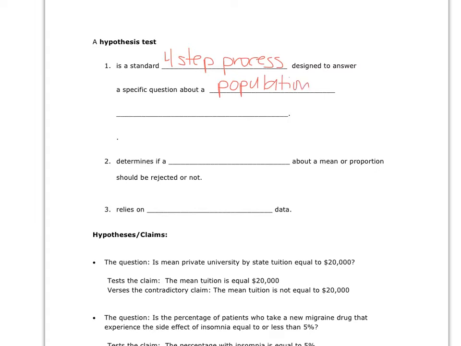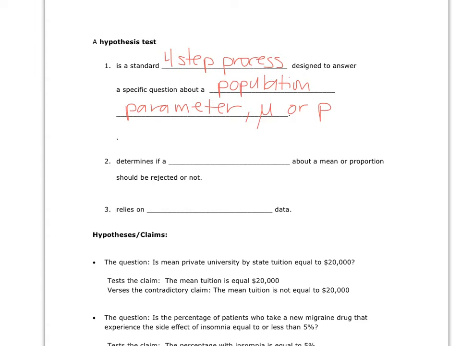The two that we are focusing on are population mean, mu, and population proportion, p. So it's a 4-step process, and it's going to answer a specific question about either a mean or a proportion.